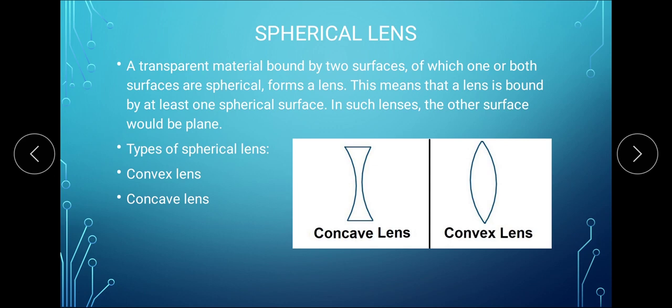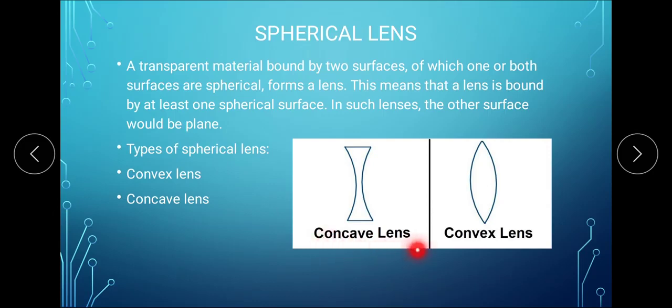Depending upon the type of surfaces, we can classify spherical lenses as convex lens and concave lens. Students, we will confine our studies to double convex and double concave lens, which are simply called concave and convex lens.